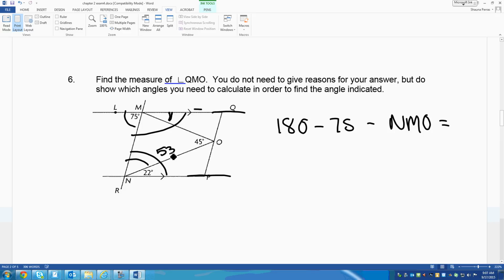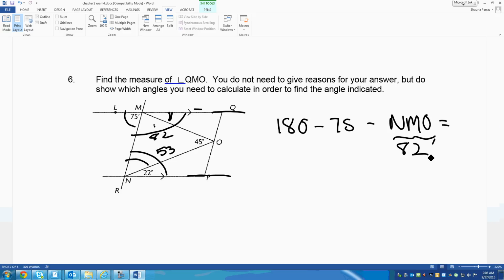And so then we can find this angle measure, which is what we need, NMO, by using 180 minus 53 minus 45 to get us 82. Okay, and so then 180 minus 75 minus 82 is equal to QMO, which is 23, right?